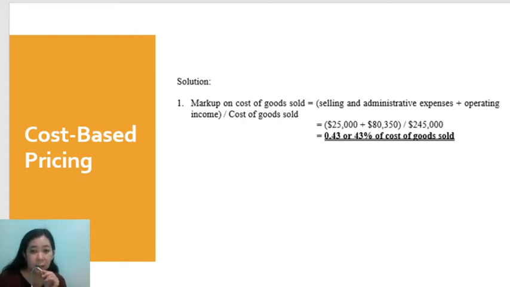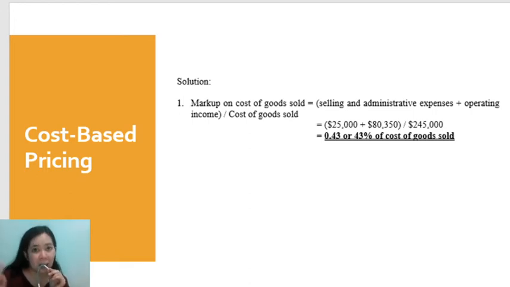If you notice in our numerator, aside from the expenses and cost, we also add up income, because income plus your expenses is actually the total sales. The total sales has already incorporated the markup on cost of goods sold.